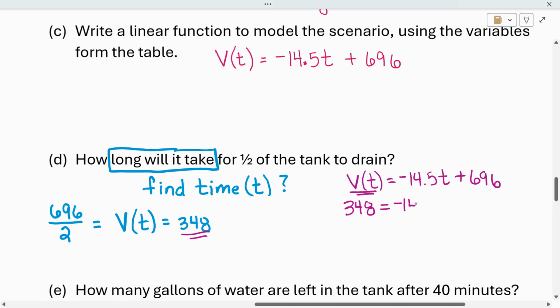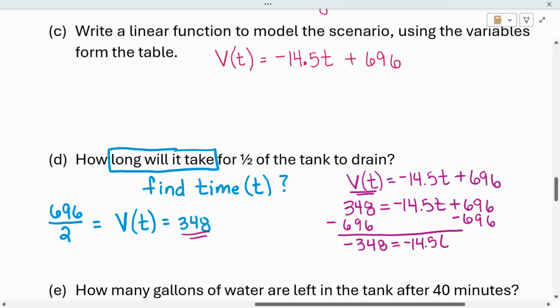So 348 equals negative 14.5t plus 696. So first, I need to subtract 696 from both sides. And that's going to give me a negative value. Negative 348 equals negative 14.5t.